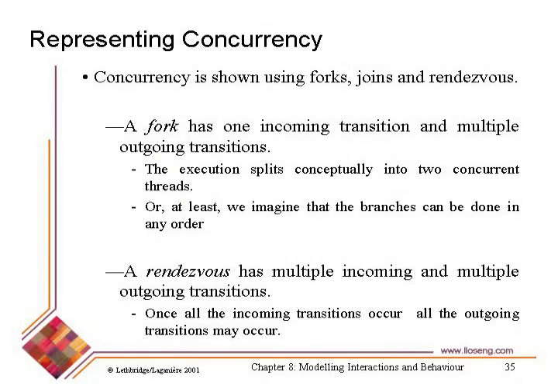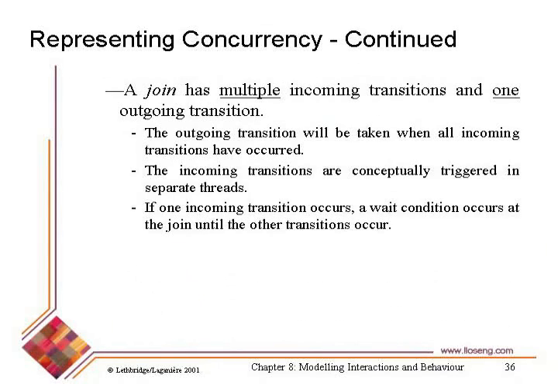A join, the outgoing transition will be taken when all incoming transitions have occurred. We saw that at the bottom part of the earlier diagram. The incoming transitions are conceptually in separate threads. I can implement the thing by getting rid of the threads at implementation time, but conceptually at the analysis level, we just imagine them as being separate threads.